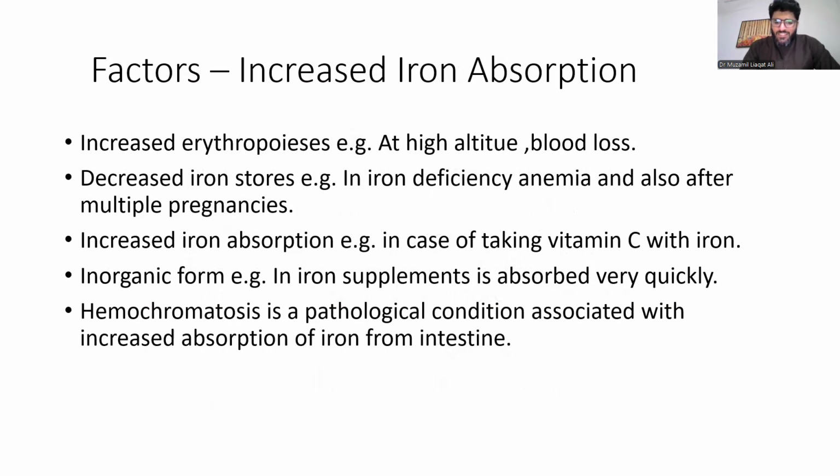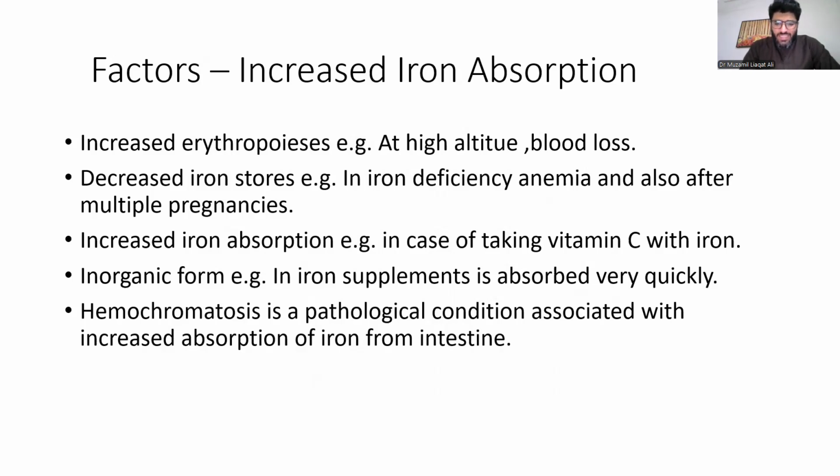Now let's discuss the factors that increase iron absorption. The very first one is increased erythropoiesis, or red cell production, such as at high altitudes or after blood loss, which increases the demand for iron and stimulates absorption. Next, decreased iron stores, as occur in iron deficiency anemia and after multiple pregnancies, signal the body to absorb more iron.